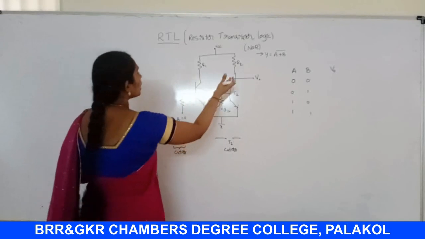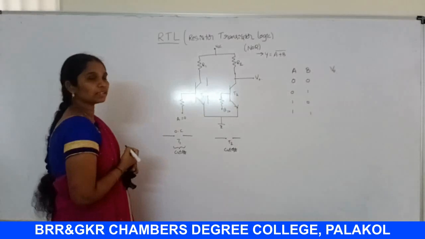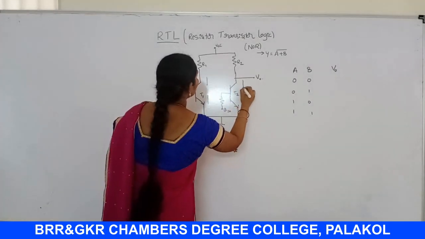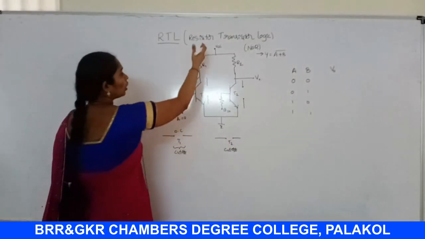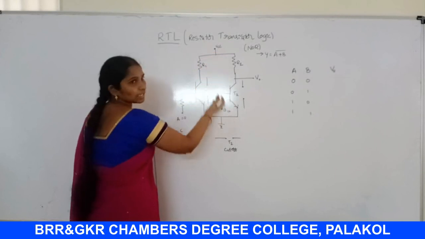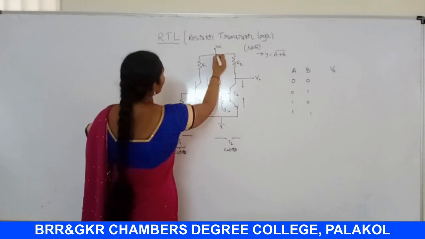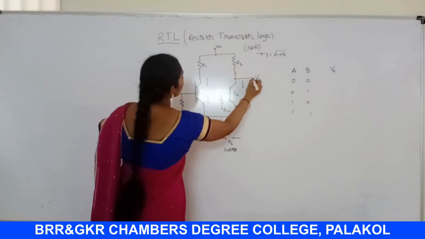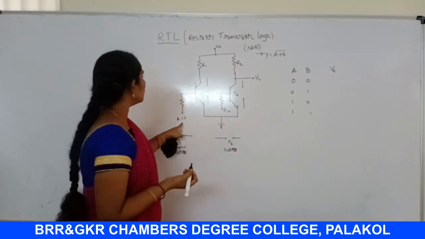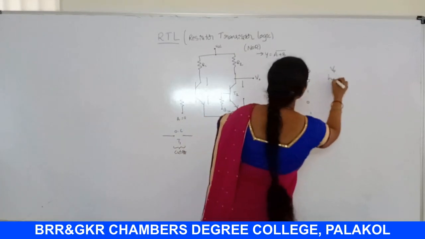So both are in cutoff mode and there is no path for current to flow to ground. Therefore the supply voltage comes to V0, so when we apply 0 0, the output is high.